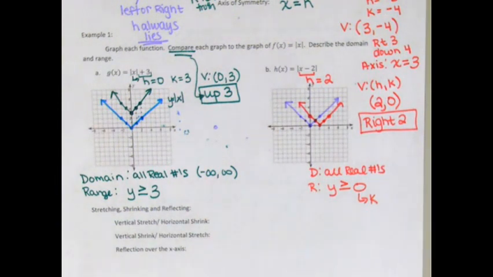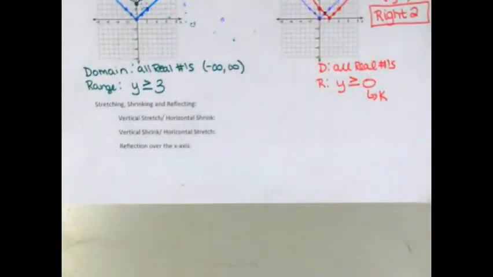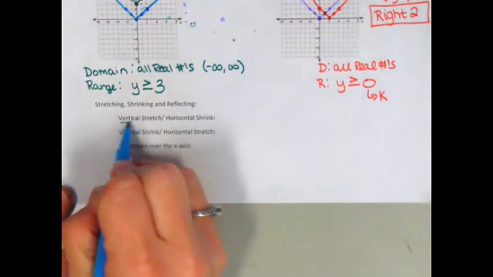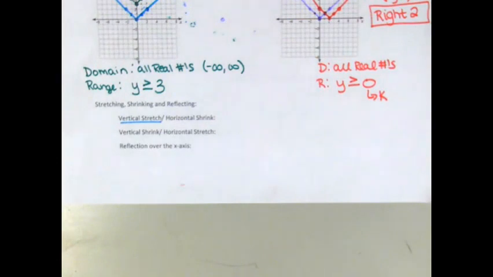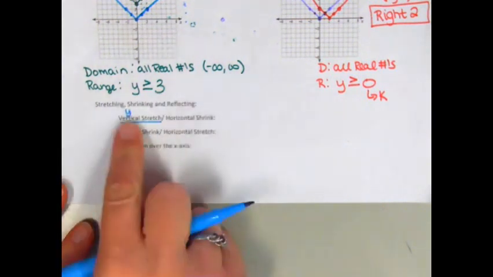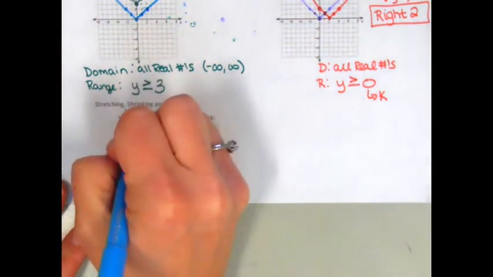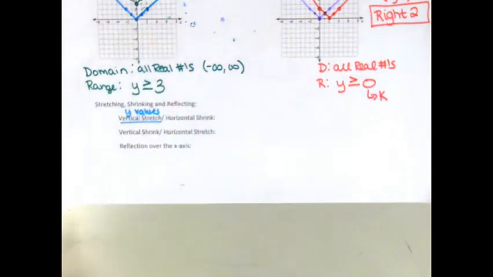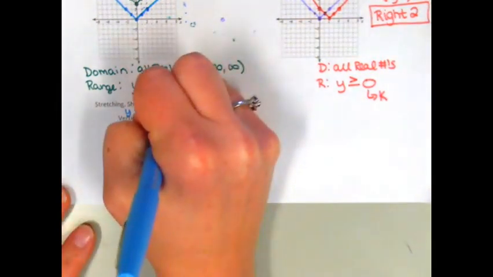Okay. Now, sometimes our graph can either get wider or more narrow. So that's our stretching, our shrinking, and our reflecting. We'll talk about that one in a second. If it's a vertical stretch, that means my y values are getting bigger.